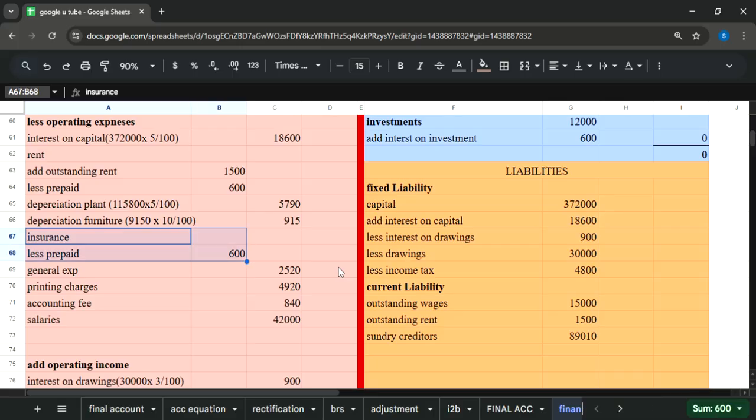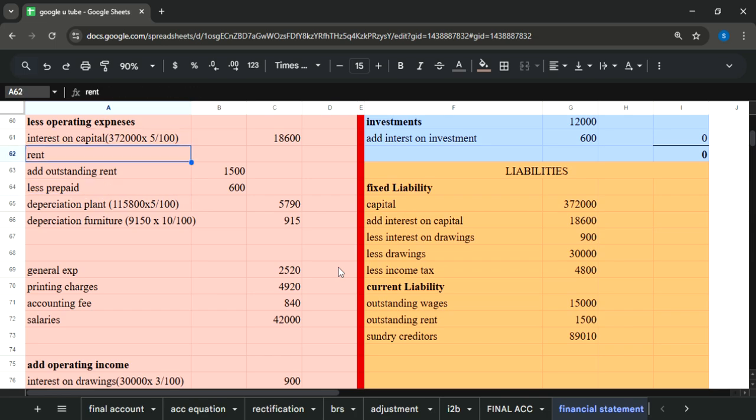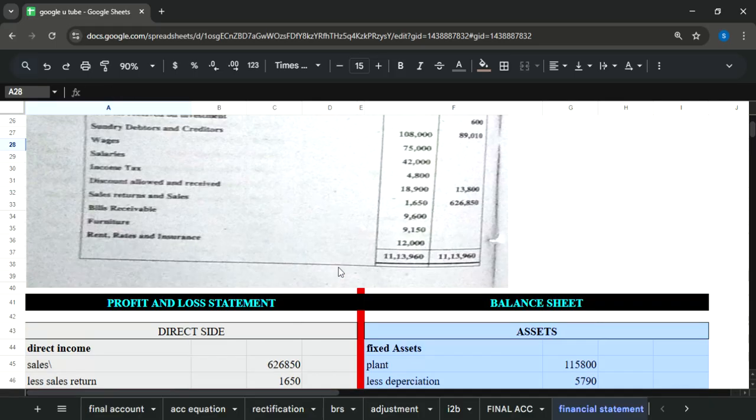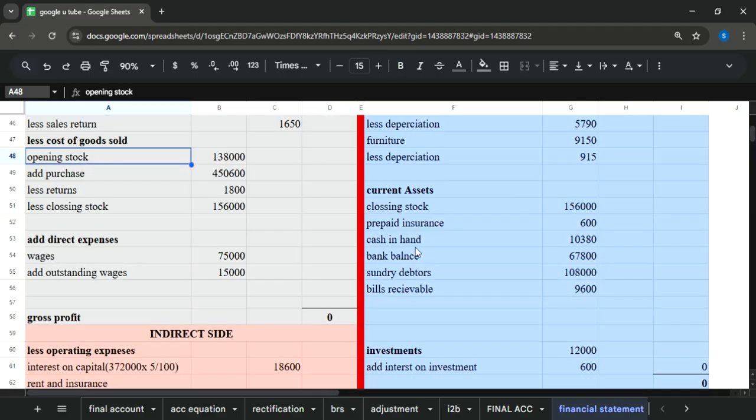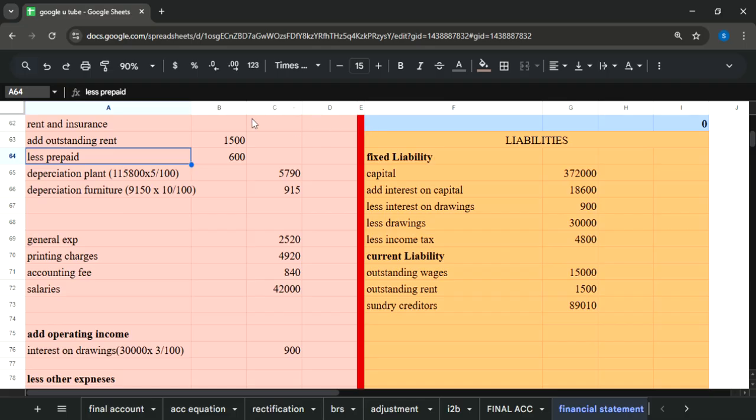So we will delete over here, and at this place rent and insurance both will be mixed. Why are we mixing it? Because I have mentioned that rent and insurance both are given under the single heading, 12,000. Okay, so you will mention 12,000 over here.